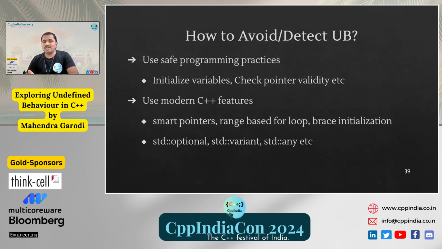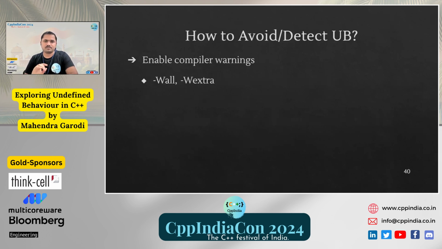Instead of using a union, you can use std::variant, again very safe. Instead of using void star, you can use std::any, again very safe, because all the behaviors are defined very clearly, whether it will throw an exception or return a null pointer on a particular operation, very well defined in all these modern C++ features.